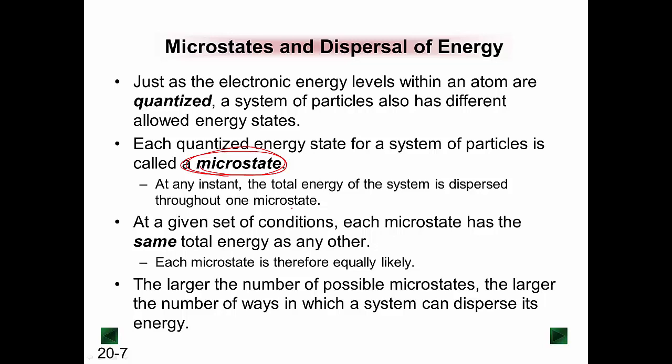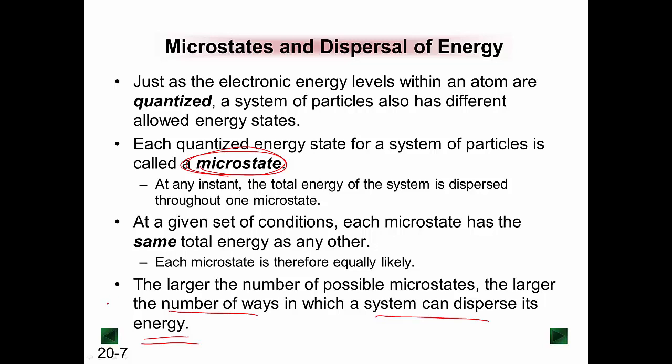So each microstate at a given set of conditions has an equal likelihood. Basically, the probability of each microstate is the same. Now, the larger the number of microstates we have, the more ways in which the system can disperse its energy, and that is a favorable thing.